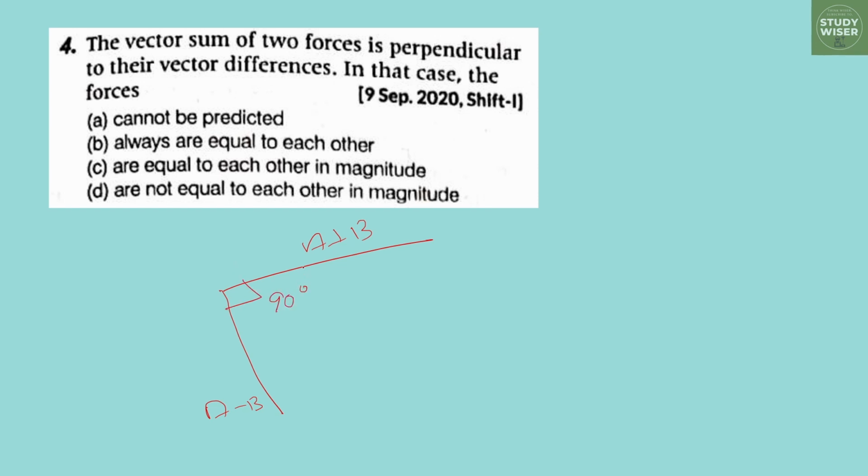In that case, the forces cannot be predicted, always are equal to each other in magnitude, or not equal to each other in magnitude. మనకు వెక్టార్ any two forces are perpendicular అయితే their dot product will be 0. అంటే A plus B dot A minus B would be 0. అంటే A square minus B square is equal to 0. అంటే mod A is equals to mod B. అంటే are equal to each other in magnitude. Option C is the correct answer.